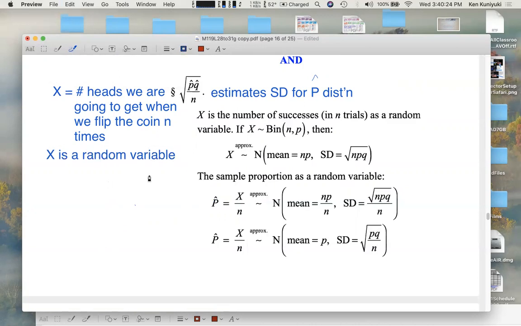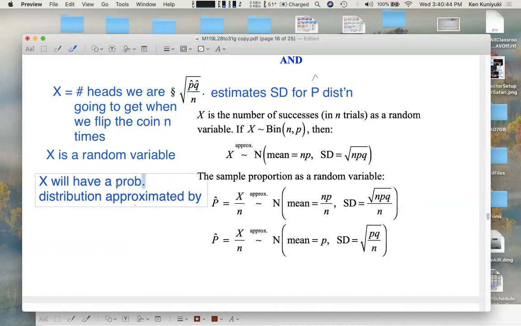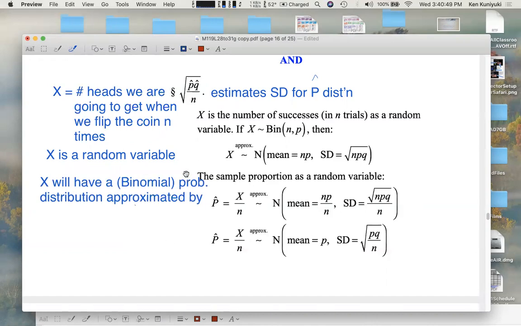X will have a probability distribution, approximated by the following. It was really a binomial distribution, but we're going to approximate under the conditions before.